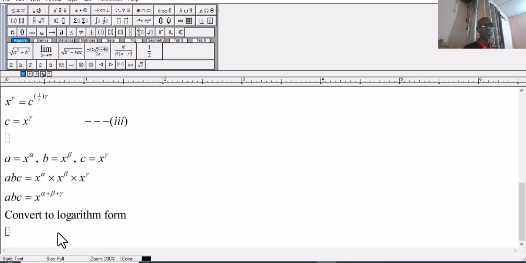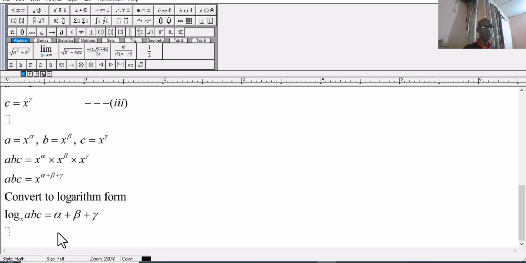What it will be equal to is log x to base abc is equal to alpha plus beta plus gamma. But what we are asked to find is log x to base abc.